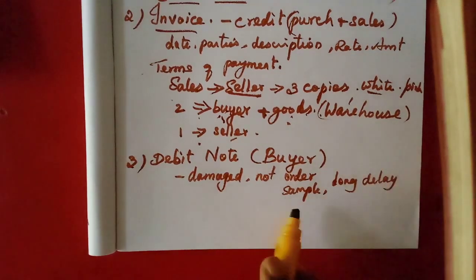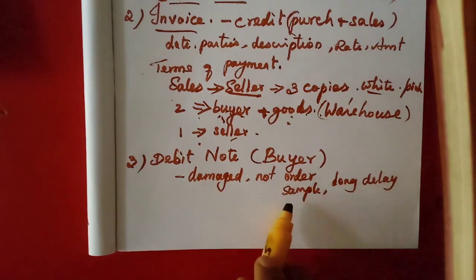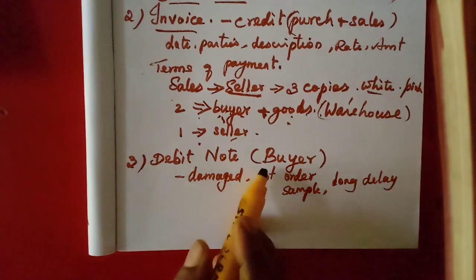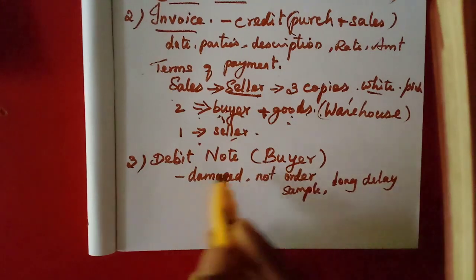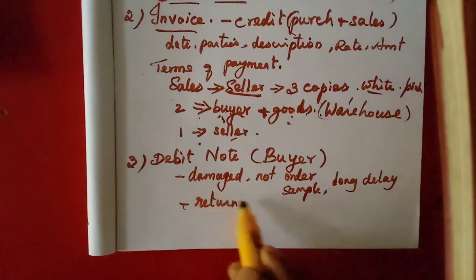The buyer does not need that product. It is a damaged product, or it is not as per the sample given by the seller, or it is delayed very long, or any other reason. If the buyer does not need those goods, he can return them. This is called purchase returns.